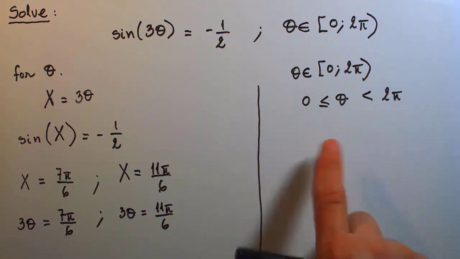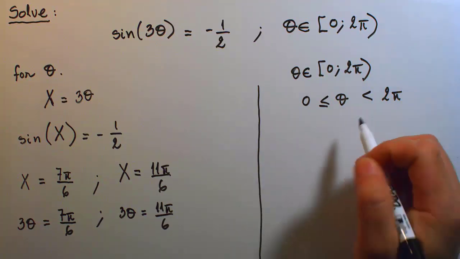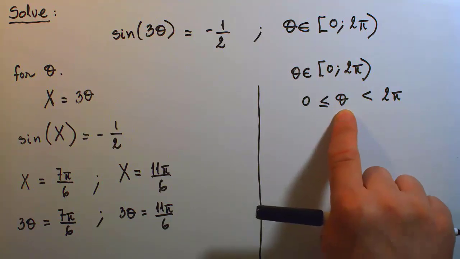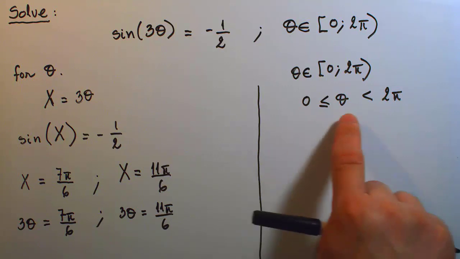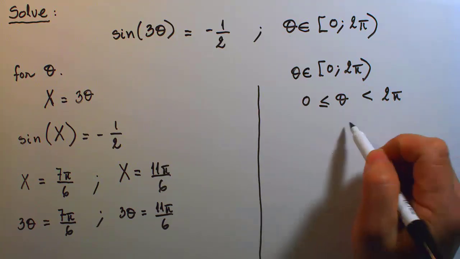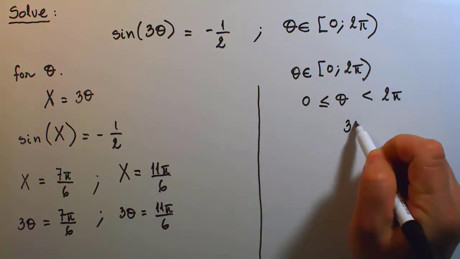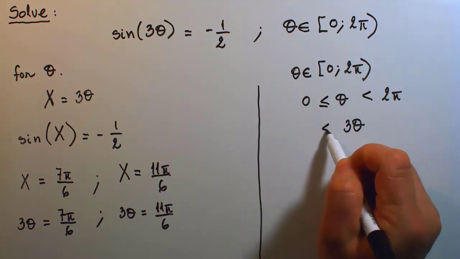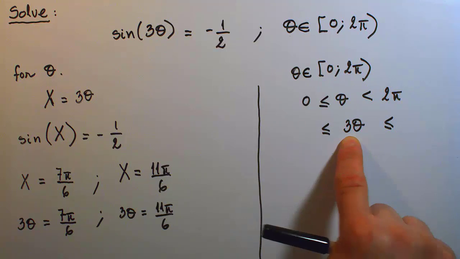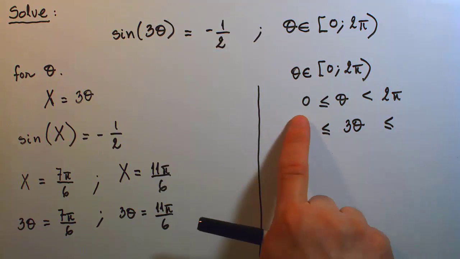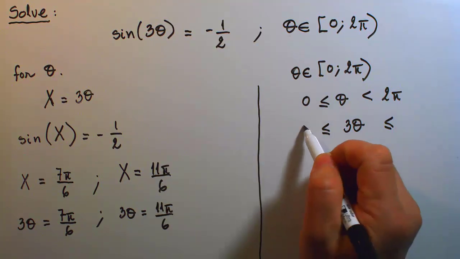So that means the restriction interval now, if I multiply 3 throughout all 3 sides of this 3-sided inequality, is that the expression 3 theta has a longer interval. If we multiply positive 3 to theta, then we also need to multiply positive 3 to 0, which becomes 0.